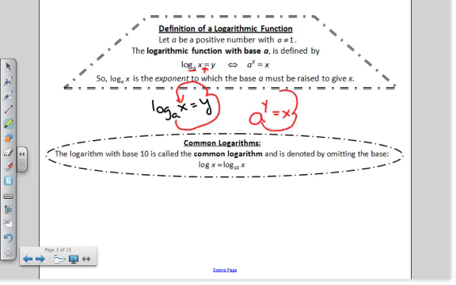Let's write a little problem. Let's write log base 3 of x is equal to 2. So 3 to the second equals x. Remember, a logarithm is an exponent.